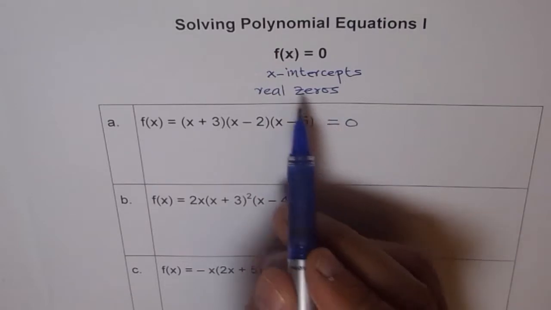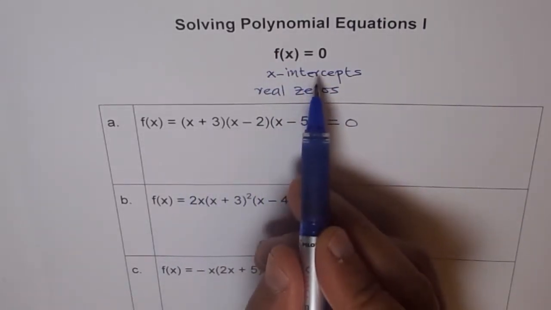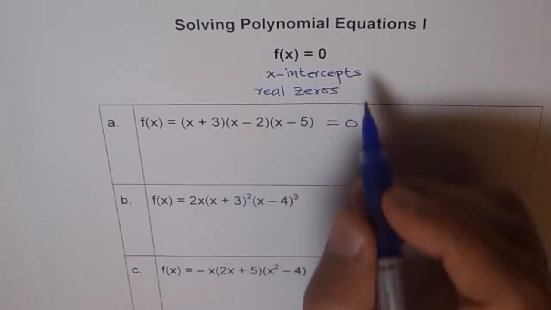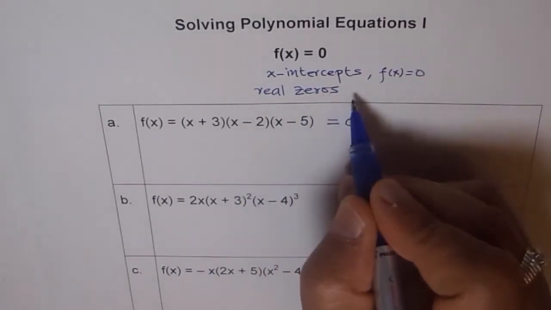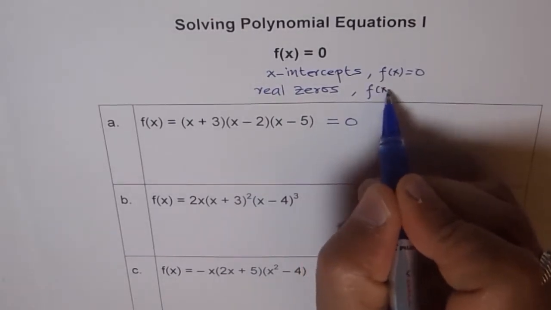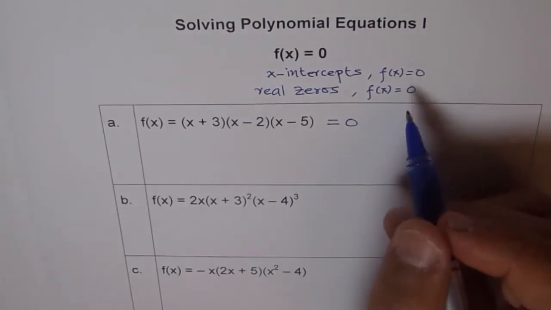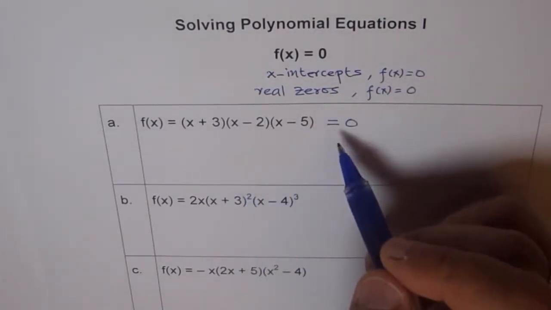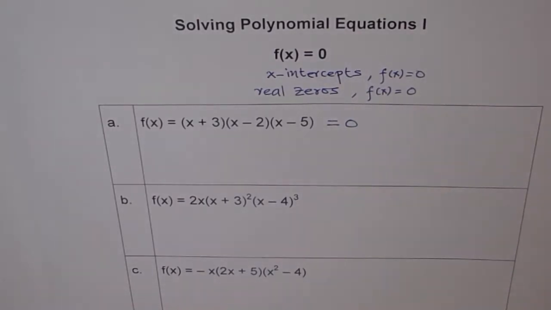Or x-intercepts, the points where the function will have x-intercepts. So at those points, f of x should be 0. Even when real zeros, that means f of x should be 0. In any case, the basic question is to solve an equation where f of x is 0. So that is the scenario which we are trying to understand here.